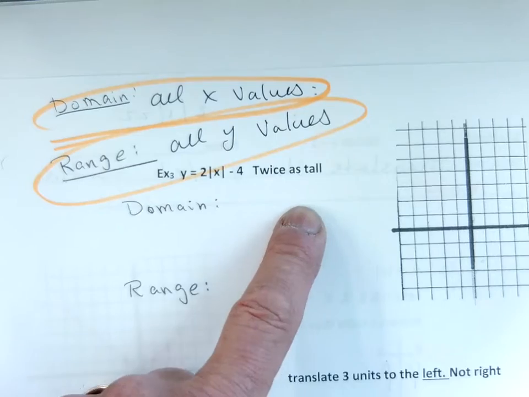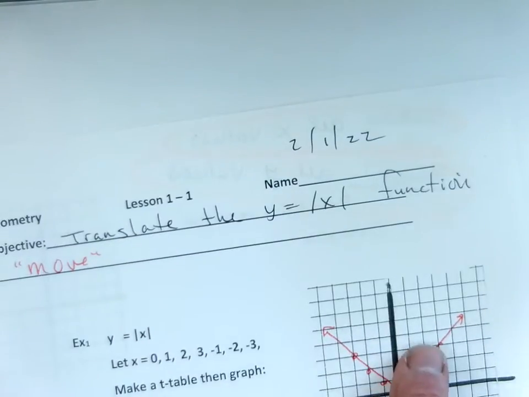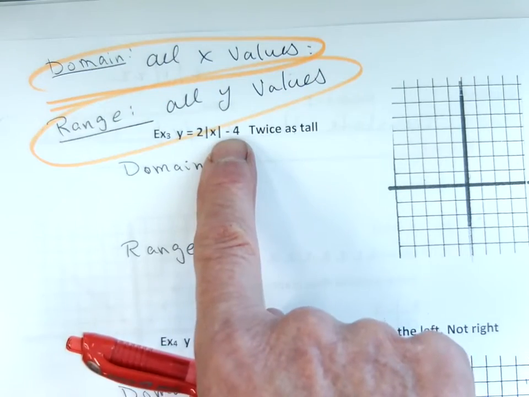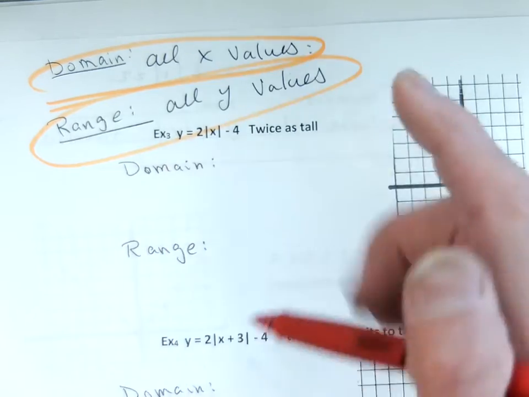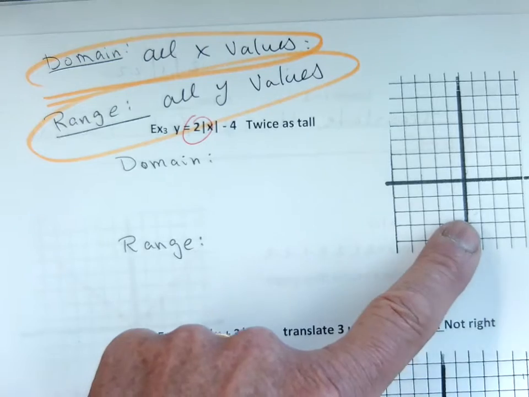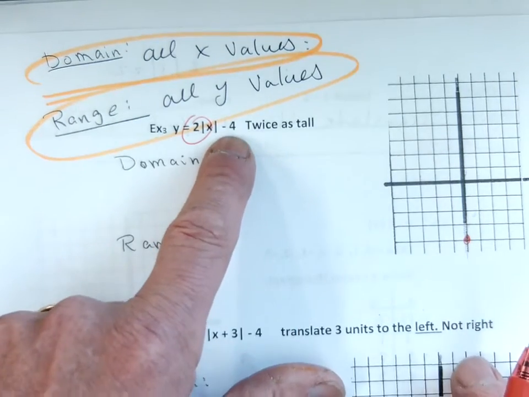So I'm going to take my parent function. That's that one. I'm going to pull it down 4 and make it twice as tall. Or I'm going to think about a slope of 2, okay? So let's see. I'm going to pull it down 1, 2, 3, 4, right? Because it's going to go down 4.